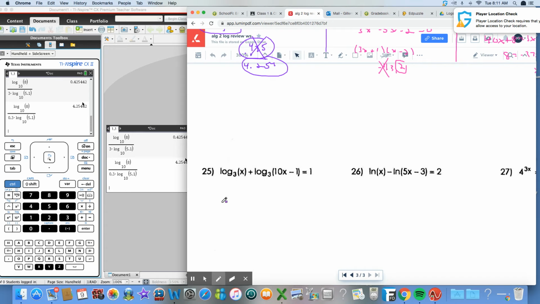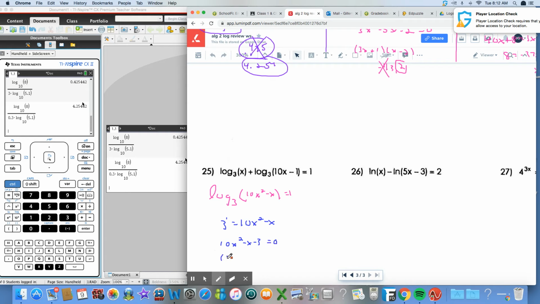So log base 3. This is a plus, means we're going to multiply these things together. So 10x squared minus x equals 1. To rewrite into an exponential, it's this to that power equals that. So 3 to the first equals 10x squared minus x. So set this equal to 0. 10x squared minus x minus 3 equals 0.